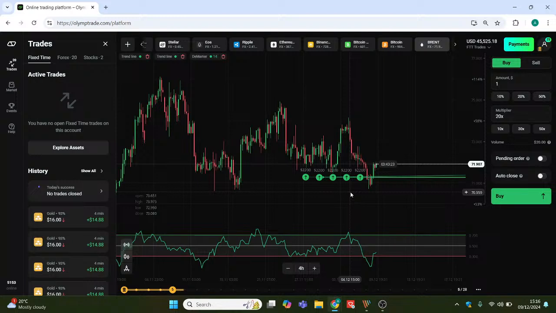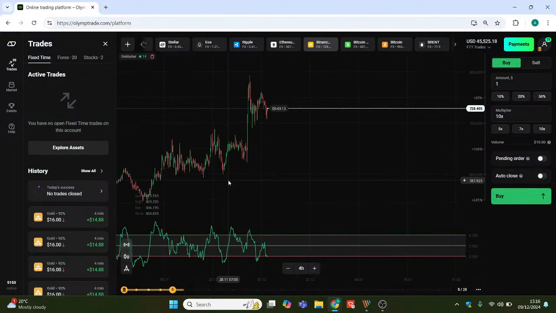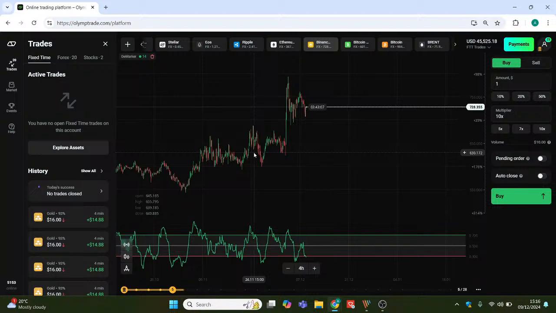You want to diversify because you never know which asset will go up in price. For example, I also was thinking that maybe the Binance token would go up, but Binance is already kind of fundamentally fairly valued.